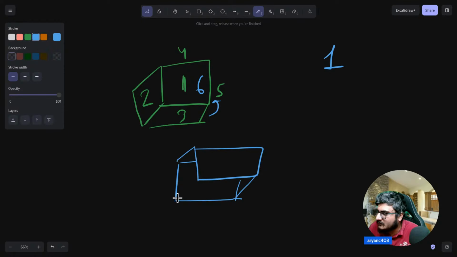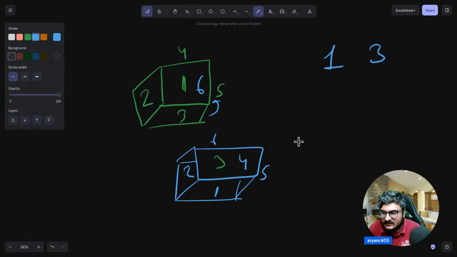You will end up with a die like this. Now you have 3 at the top, 4 at the bottom. You have 2 here, you have 5 on this side, you have 1 here, and you have 6 on the other side. So the next number is 3.